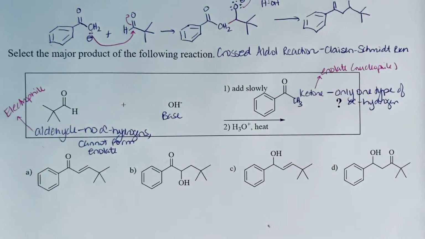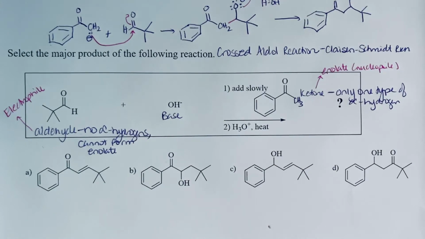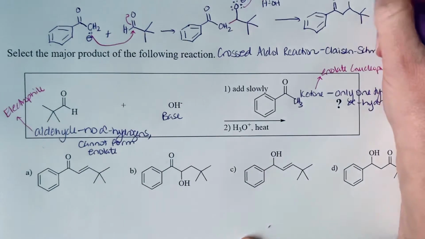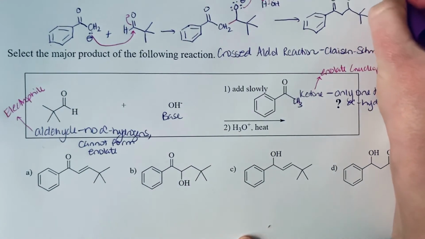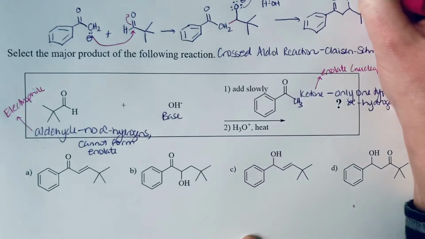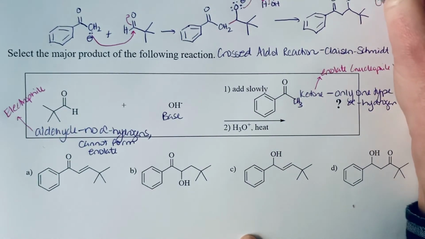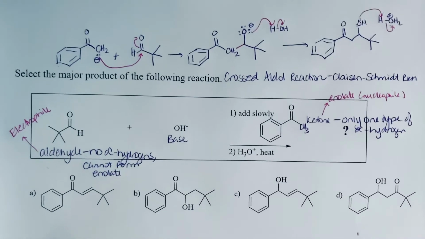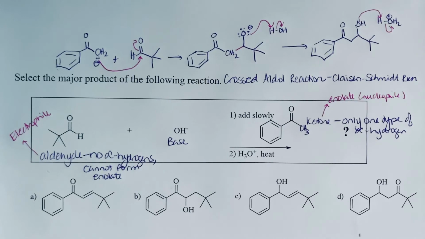And then we're going to be heating this up with aqueous acid. When we do this, this is going to promote the condensation. So we've got our aqueous acid. We can protonate this oxygen. Let me slide this down so you can see it. So we've protonated that oxygen.